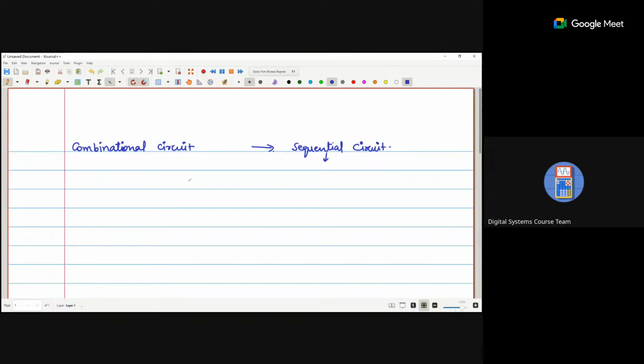The circuit that follows sequence, or basically we can say that are synchronized.